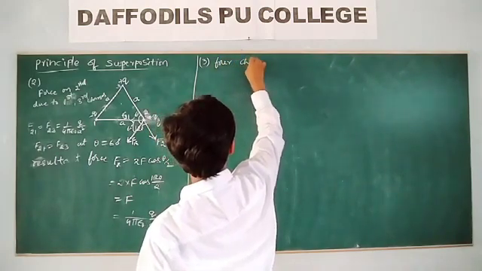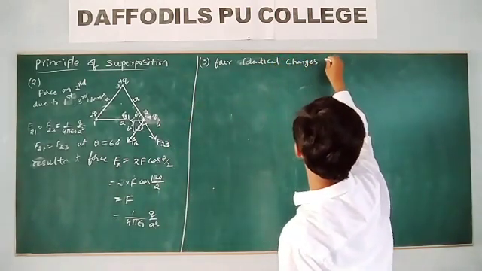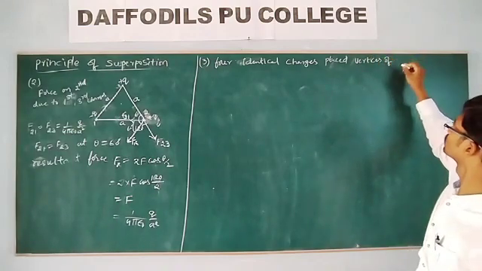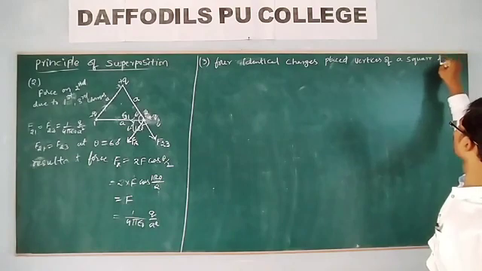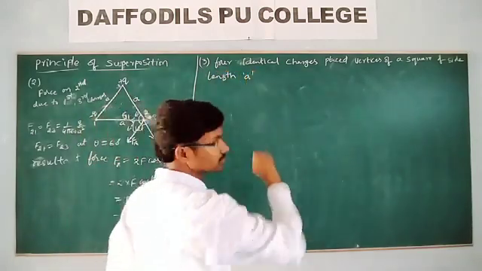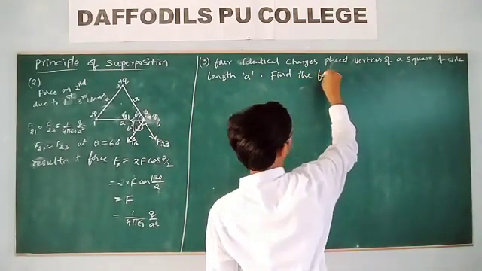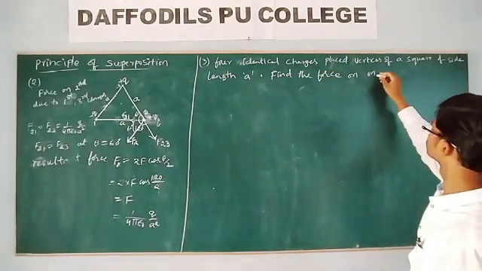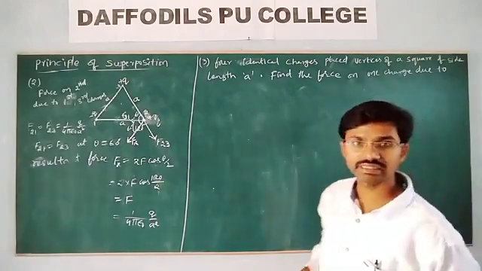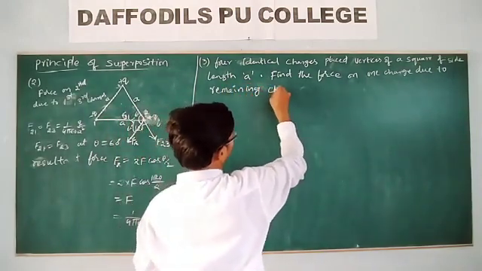Four identical charges placed at the vertices of a square of side length A. Find the force on one charge due to the remaining three charges.